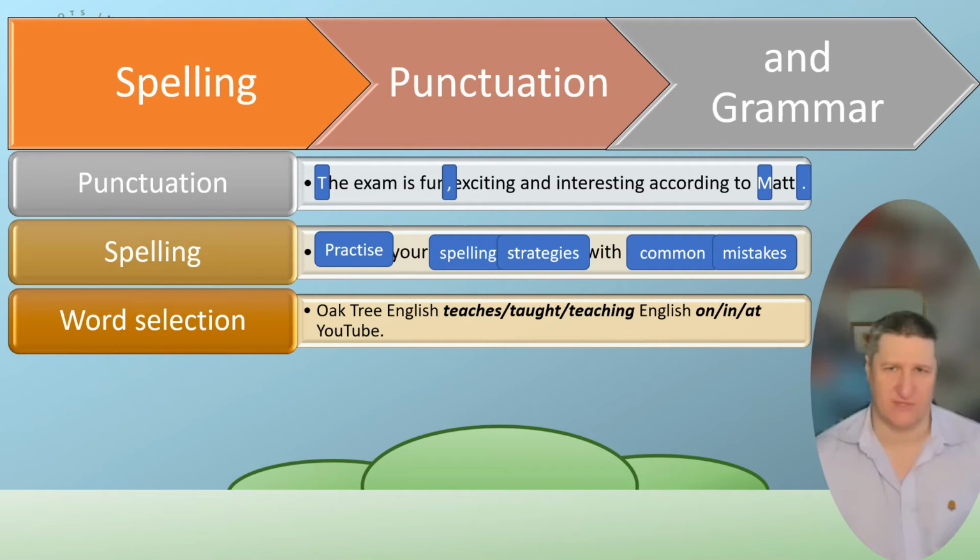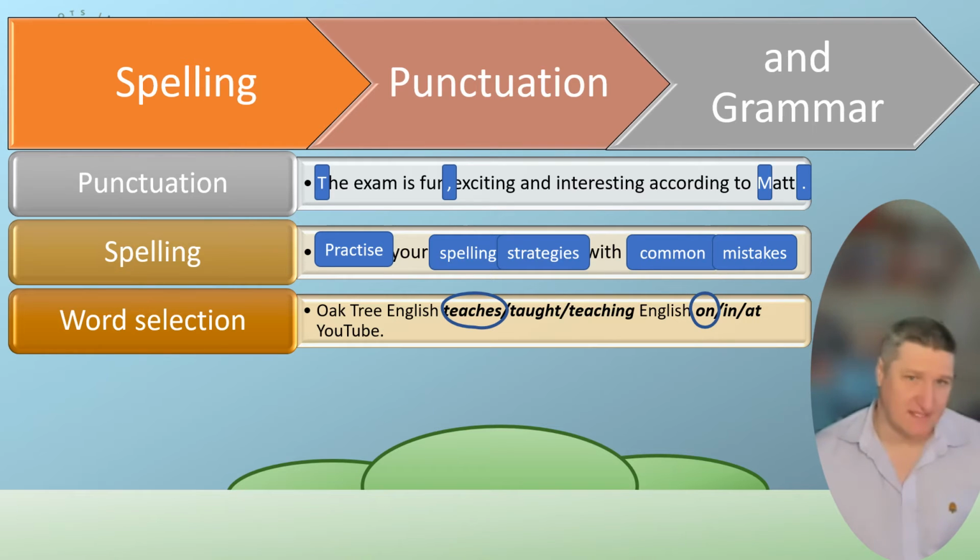You notice the first one is a part of a verb, and of course you know that Oak Tree English teaches English. On, in, at, you know that these are prepositions, and of course it's no mystery to you that the answer is on YouTube. But those are the sorts of things that you will be tested on, and that's how you do it.